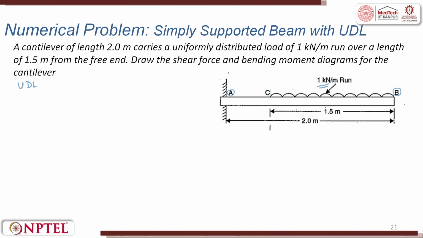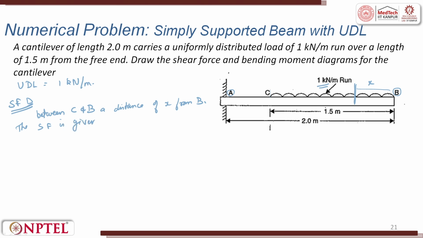The UDL is 1 kilonewton per meter. For the shear force diagram, between C and B, at any distance x from B, the shear force is given as Fx equal to Wx, where Fx is equal to 1 into x.